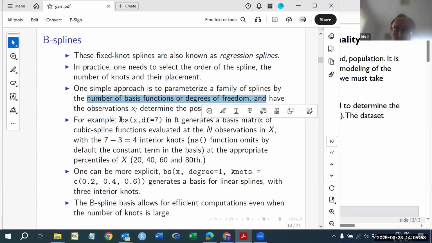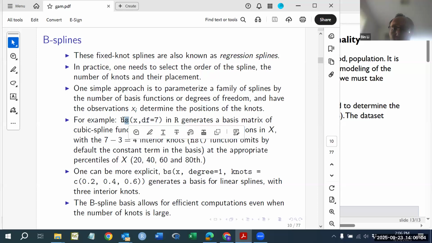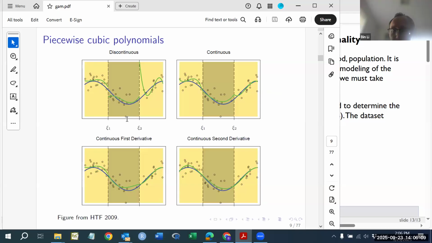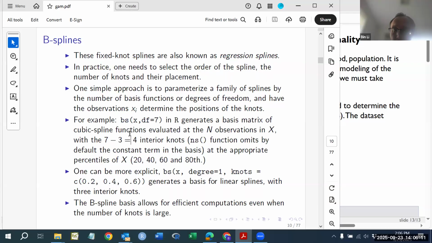Okay, so here let's talk about another spline called the B splines. The B splines are very similar to this, and I will show you the basis in a minute.